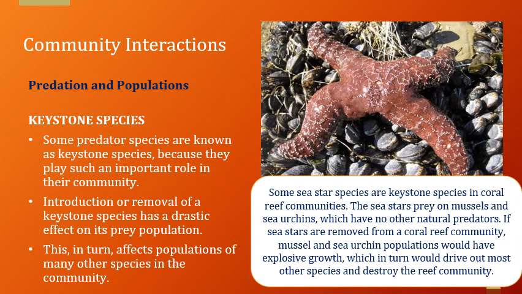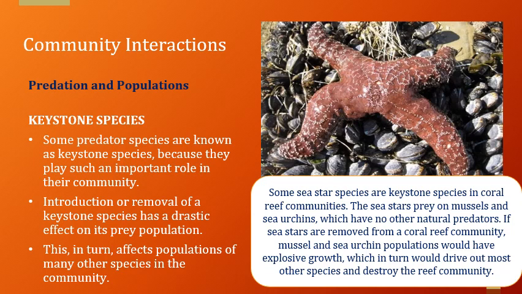Okay, we have here the keystone species as a type of predation, which of course maintains the population. Some predator species are known as keystone species because they play such an important role in the community. Of course, the introduction or removal of a keystone species has a drastic effect on its prey population.